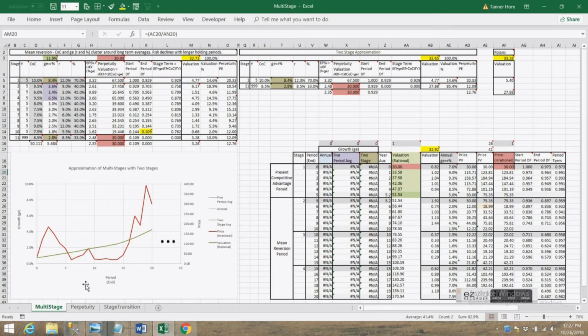Now the green line is calculated a little bit differently, in that it assumes that the growth rates only apply for 1 year at a time. There is no getting to some point and then assuming that the growth rate goes on forever.